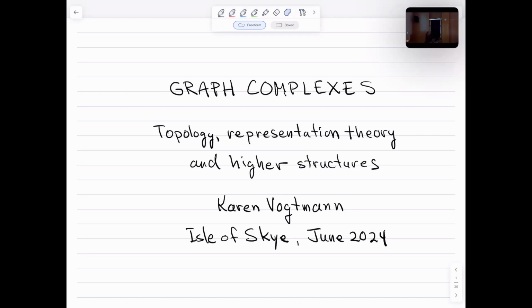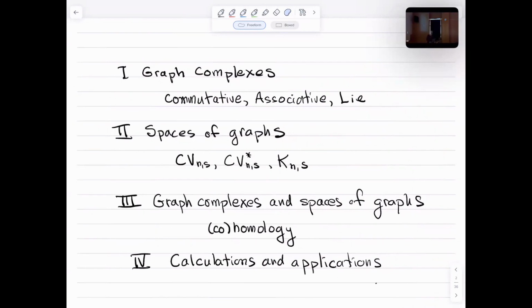Okay, so what do I want to talk about? Graph complexes. So this is kind of the outline of what I would like to talk about during these 2 hours. First is graph complexes. There are various types of graph complexes, what they are. I'm going to spend time defining them and giving you some examples.